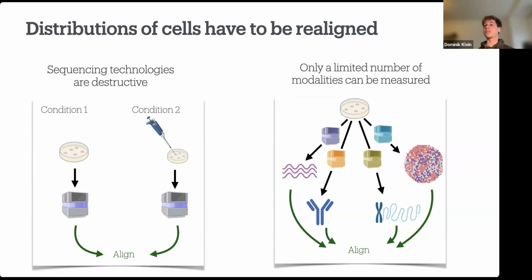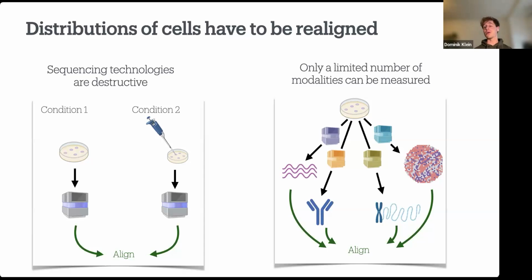Similarly, due to biotechnological constraints, we can only measure a limited number of modalities at the same time. Yet, to get a more comprehensive view of the tissue of interest, for example, we would like to have multiple views of our samples, and hence we have to realign those samples.